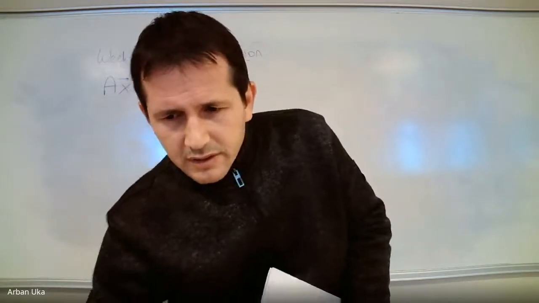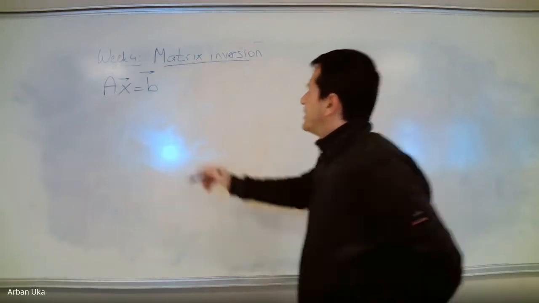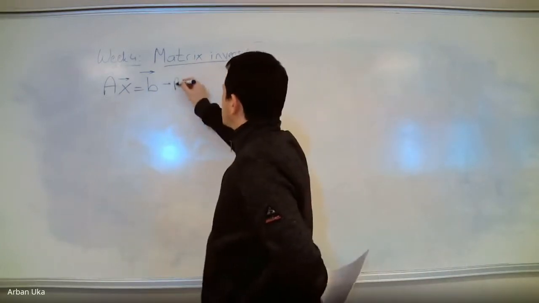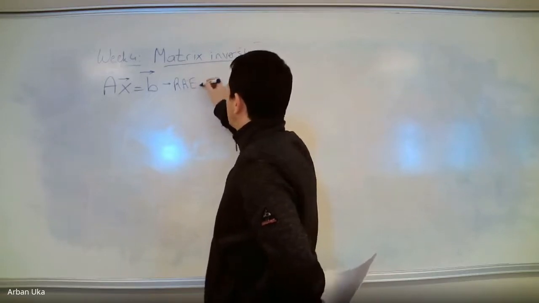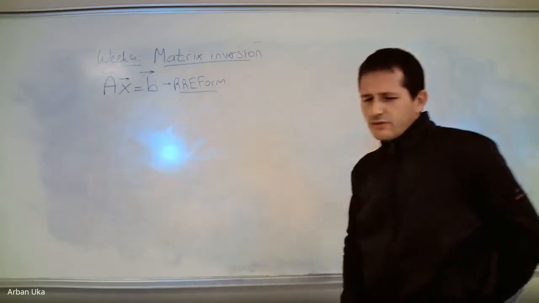And when we try to solve this, we remember that we try to obtain the reduced row echelon form using elementary row operations.